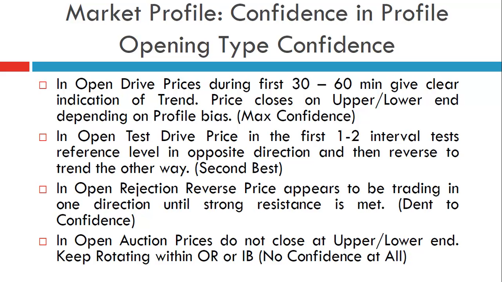So this kind of confidence comes as second best confidence. Why second best? Because usually in this case the low of the first interval, that is the A period, is broken, and then the test happens and then the market rallies. So relatively there is less confidence when compared to open drive openings.